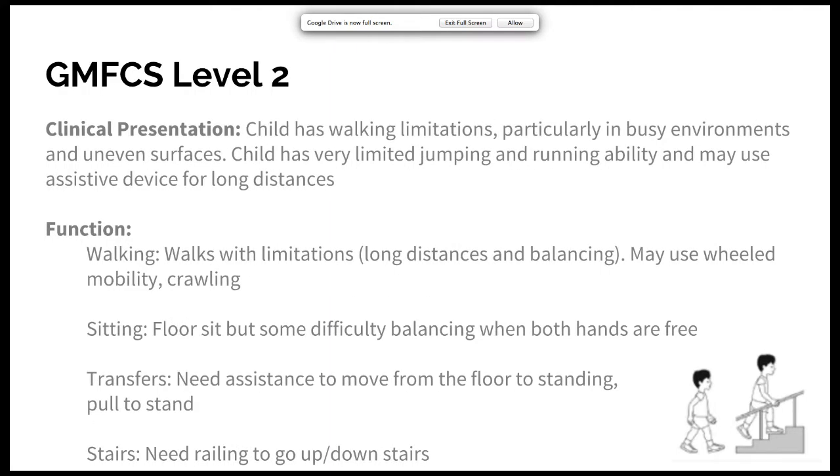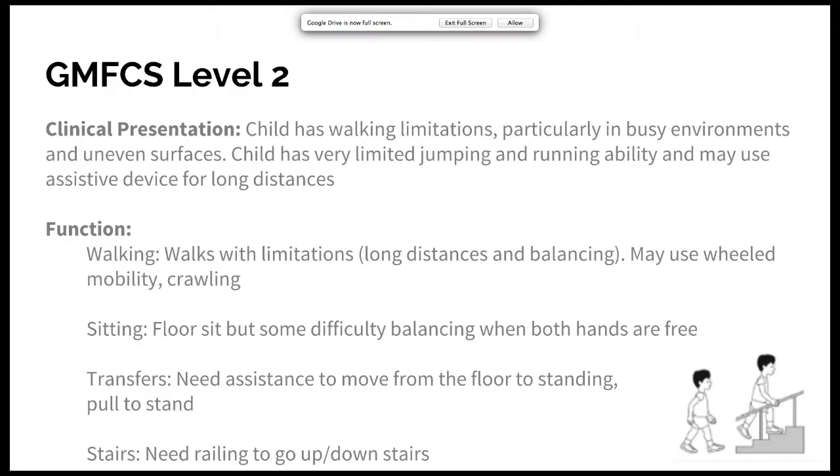So now moving on to GMFC level 2, this is going to be a step below GMFC level 1. A child with GMFC level 2 is still able to participate in independent walking when walking short distances, but this child may have some walking limitations when they have to attempt longer distances. These children are similar to level 1 in the sense they will also have increased difficulty with dual tasking or when their base of support or level surfaces are challenged.